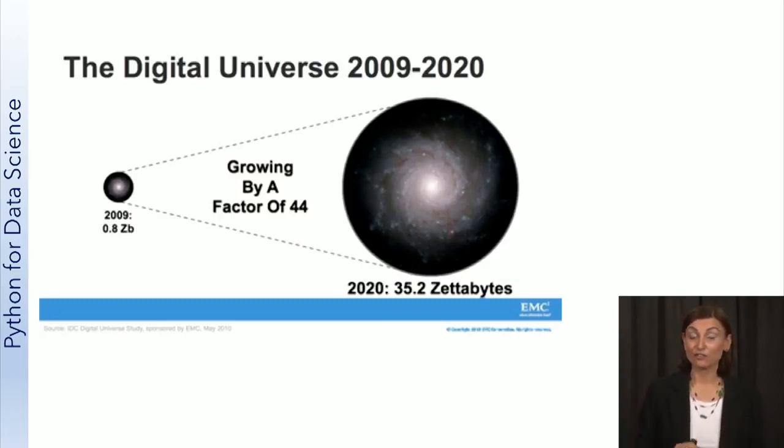The effects of it will be huge. Think of all the time, cost, and energy that will be used to store and make sense of such an amount of data. The next era will be yottabytes, that is 10 to the power 24, and brontobytes, that is 10 to the power 27, which is really hard to imagine for most of us at this time.